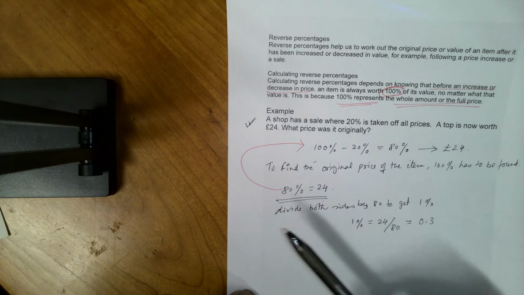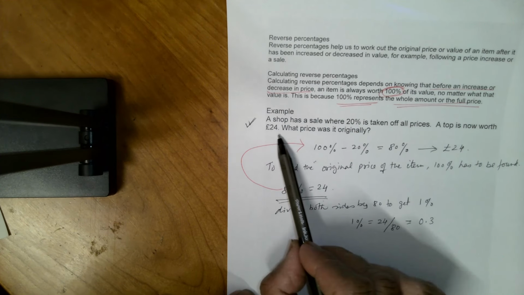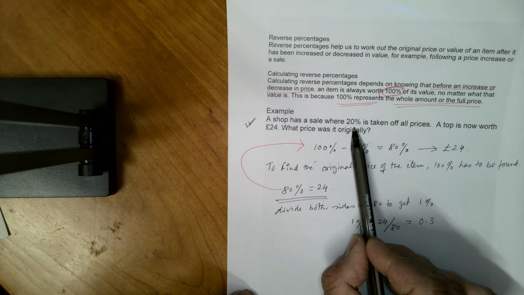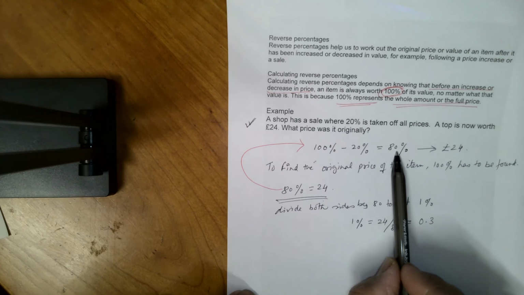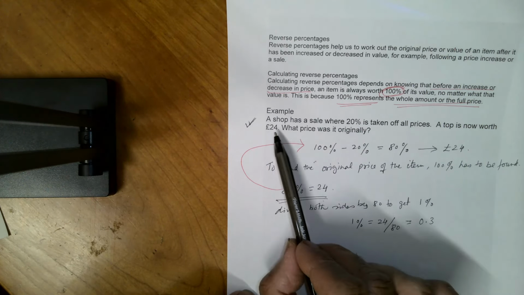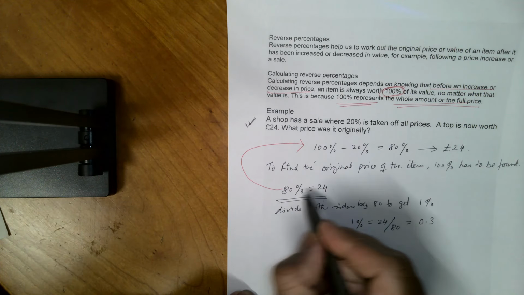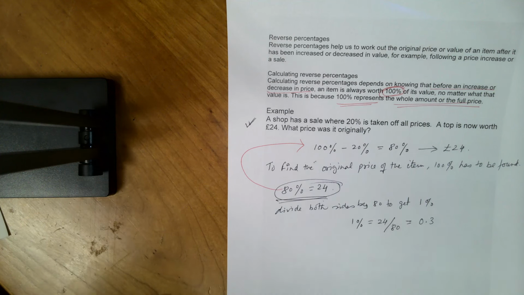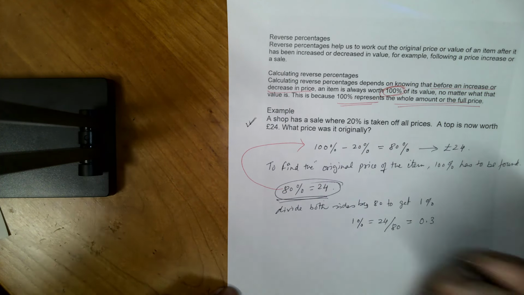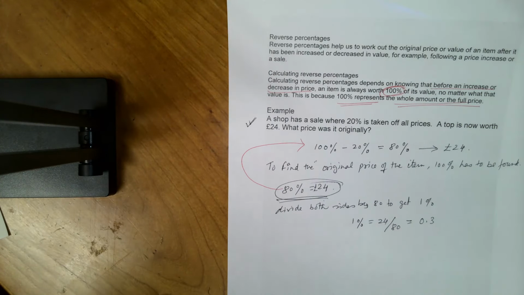Okay, one more time. As you have done here, 80% is 24 pound, right? Because it was decreased by 20%. That's why we got 80%, and 80% was worth 24 pound. This is where we got it from. Now we got this statement here, 80% equal to 24 pound.